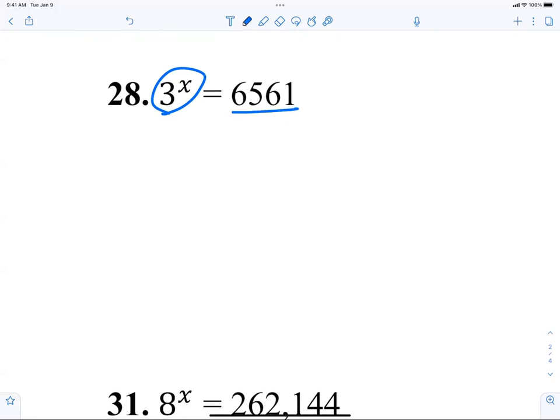Did you type that in? Now go to your table. Okay, so again, the answer to 28 was what? Is it 8? Yes. X equals 8.